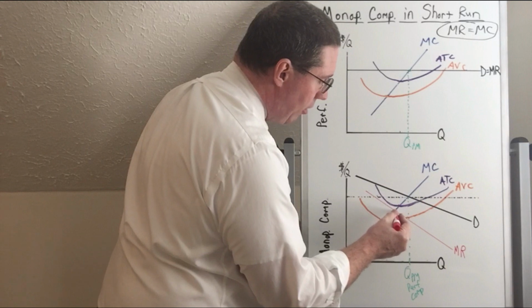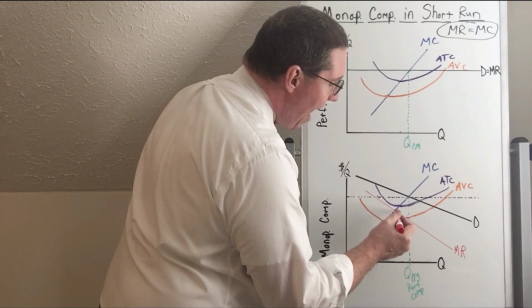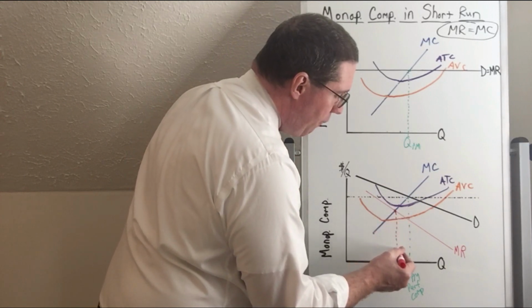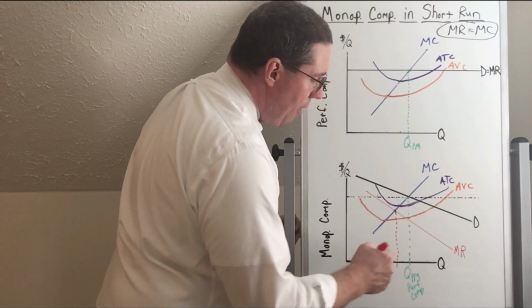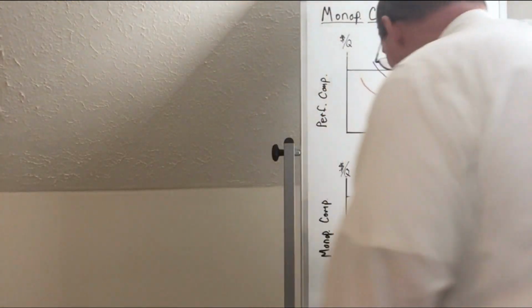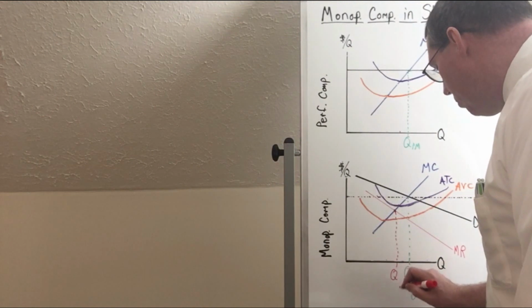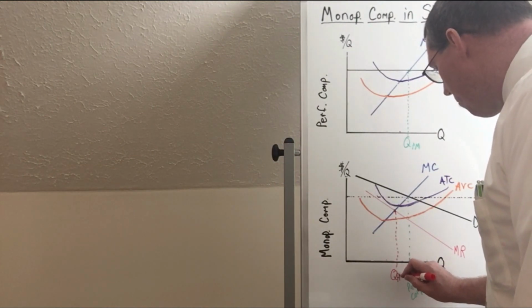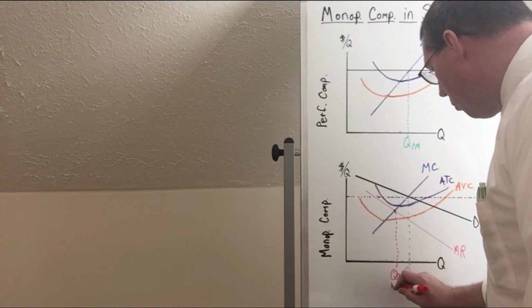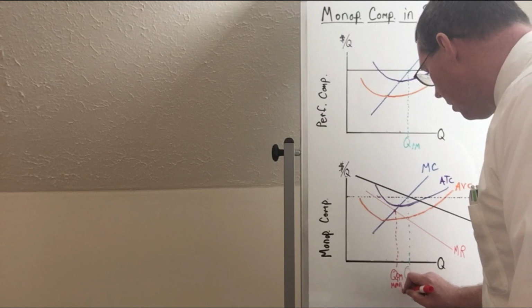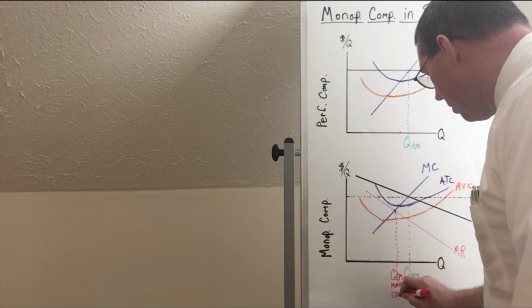They intersect here, and therefore that is going to be the profit maximizing quantity for the monopolistic competitor. So we're going to put QPM, profit maximizing quantity, for the monopolistic competitor.